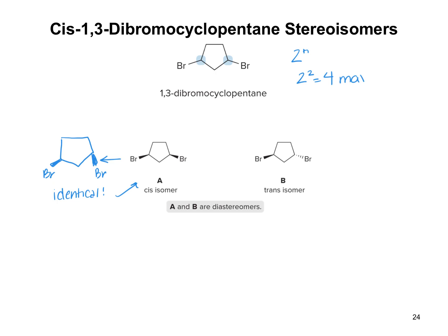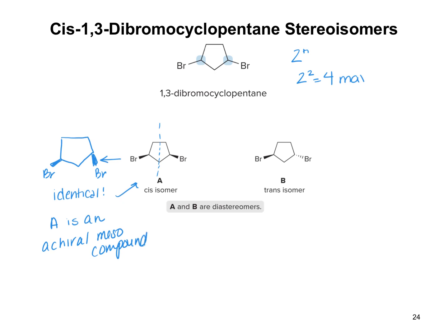So the cis isomer, right, is superimposable on its mirror image. And there's also, if you look here, a plane of symmetry. So that means A is an achiral meso compound.